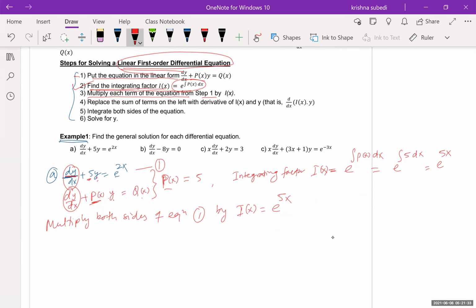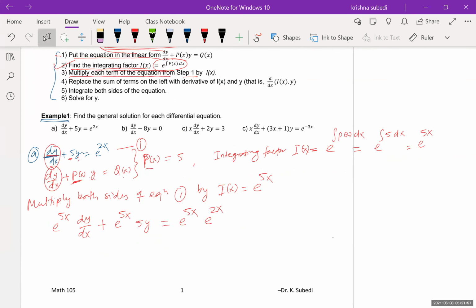Let us multiply that. We get e to the 5x dy over dx plus e to the 5x times 5y equals e to the 5x times e to the 2x. I multiplied both sides of equation 1 by e to the 5x.